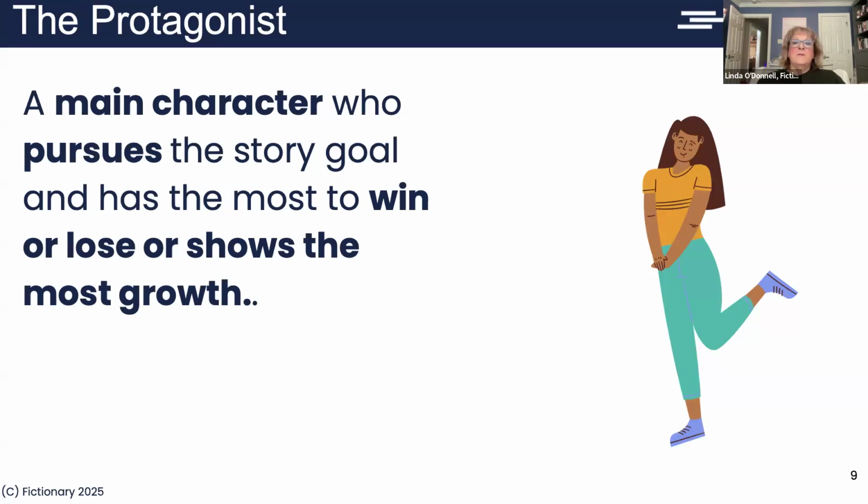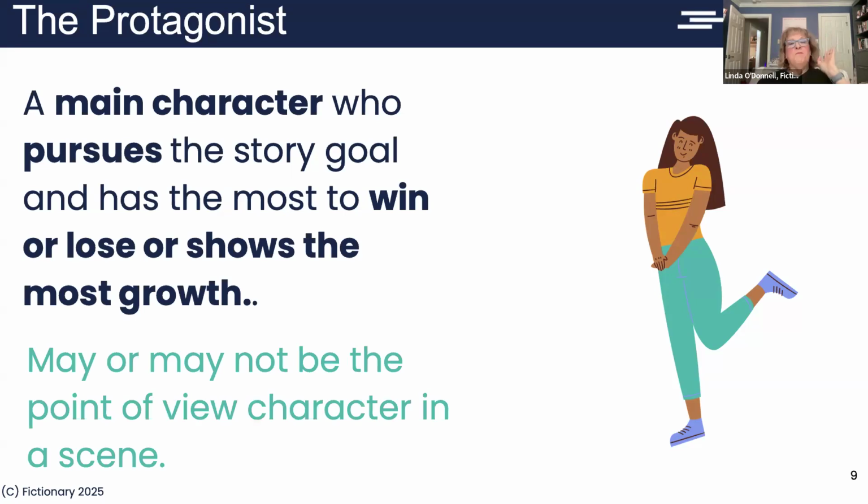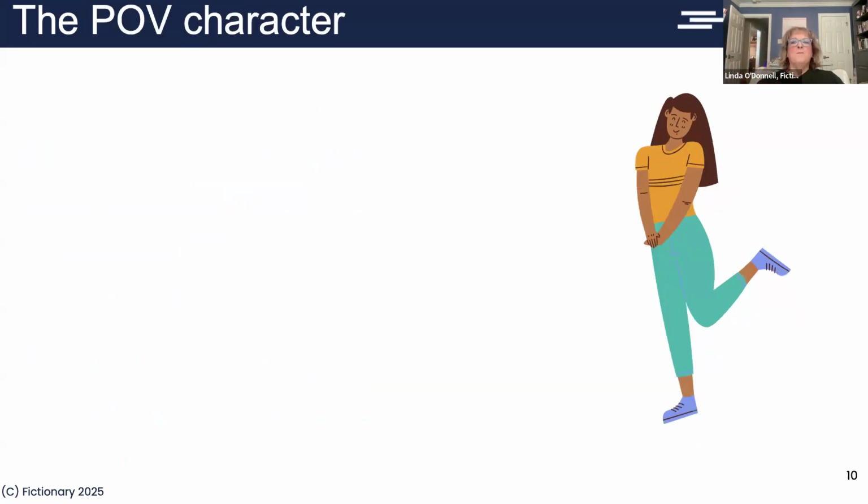Now, if you are still confused about this, let me add a few more things and I'll make you more confused. This may or may not be the point of view character in a scene. I'm going to give you some examples, but I just want to lay this groundwork to show that your protagonist doesn't have to have the point of view in every scene. So let's talk about point of view so you can get where I'm coming from.